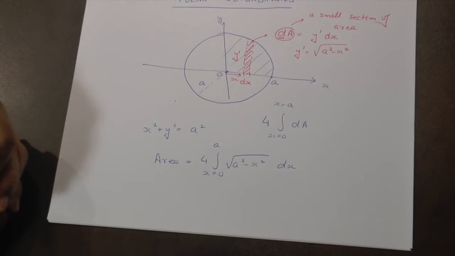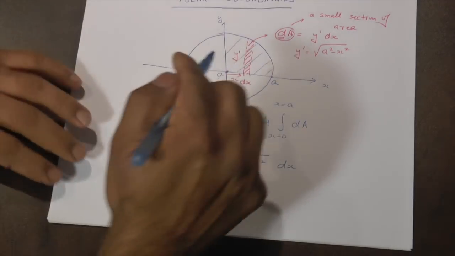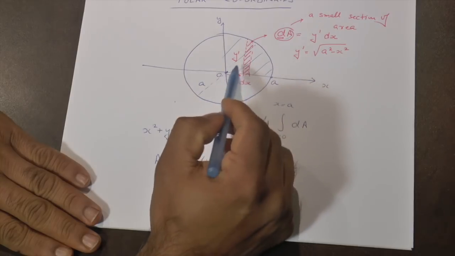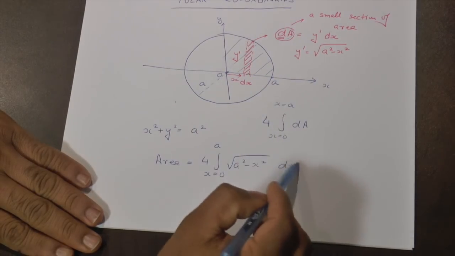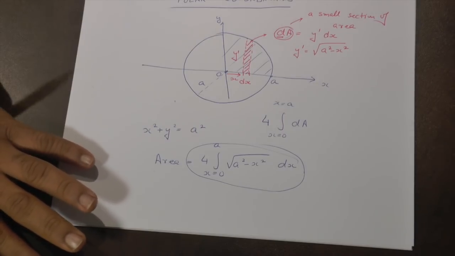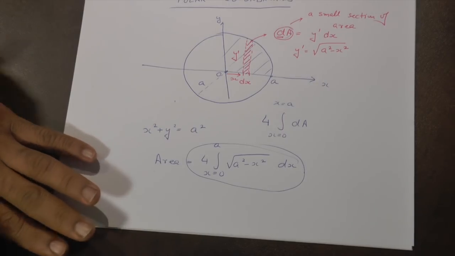But is this the most elegant way of solving this problem? What you have done here is you have made your life easy in the xy coordinates. You haven't really needed to think here, but now you have ended up with an integral which is slightly more difficult to solve. And this is just a circle.